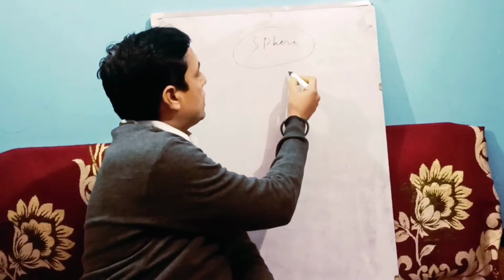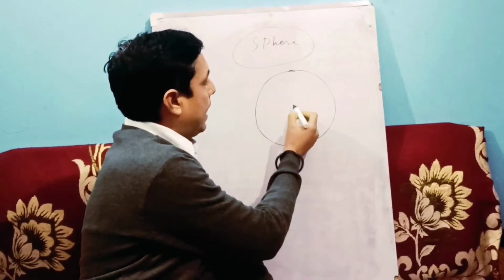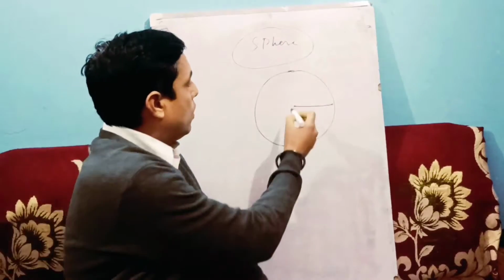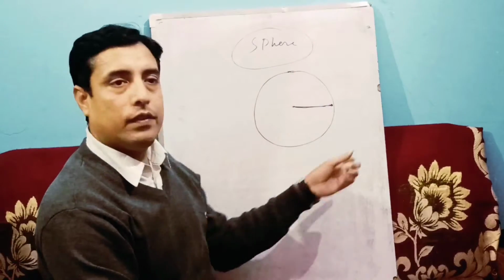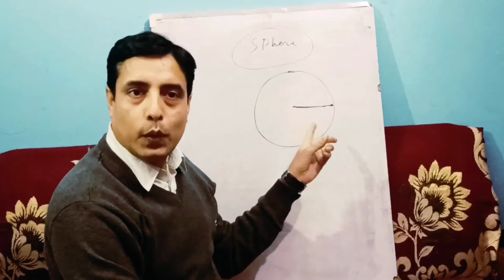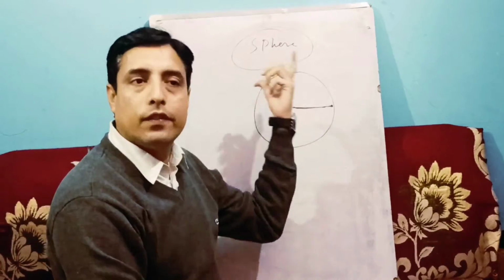So suppose this is the sphere and this is the center of the sphere. Because there is no lateral curve or slant curve in this one, there is no separate curved surface area or total surface area.